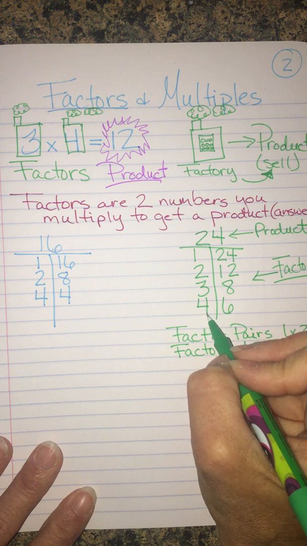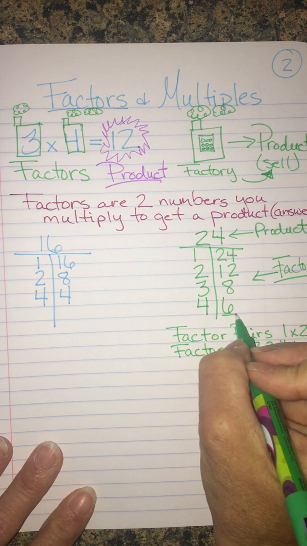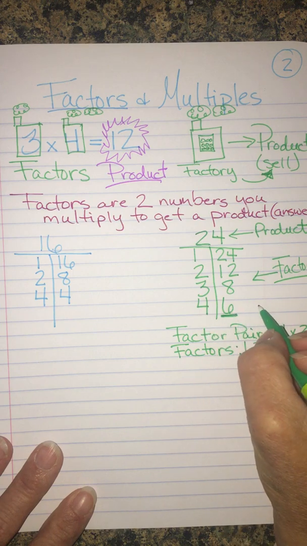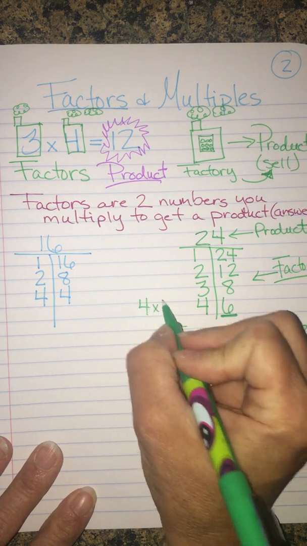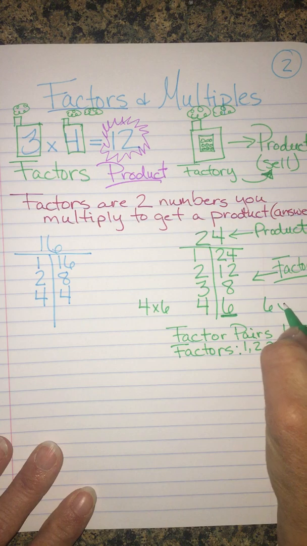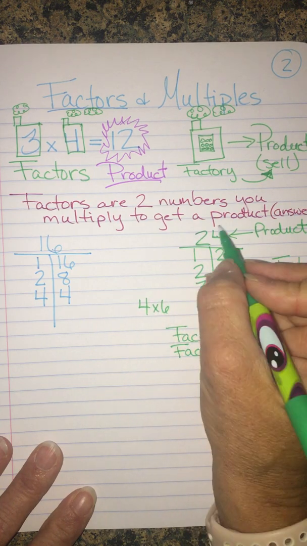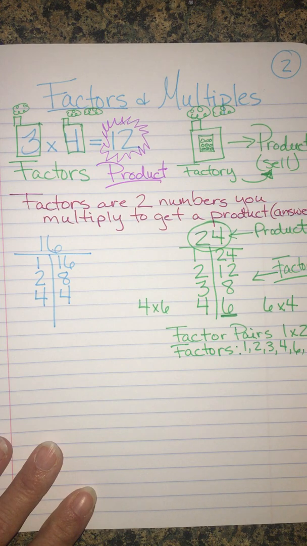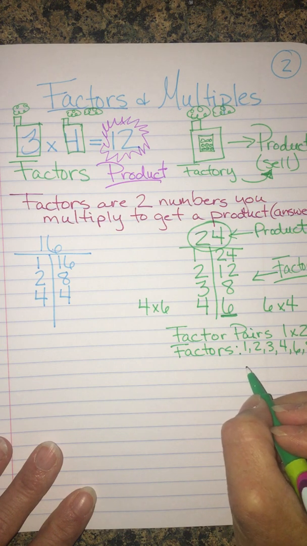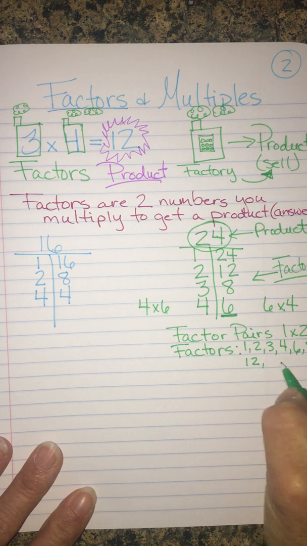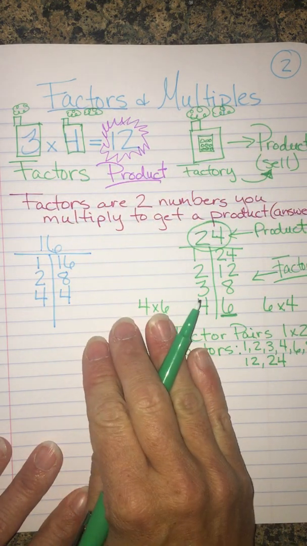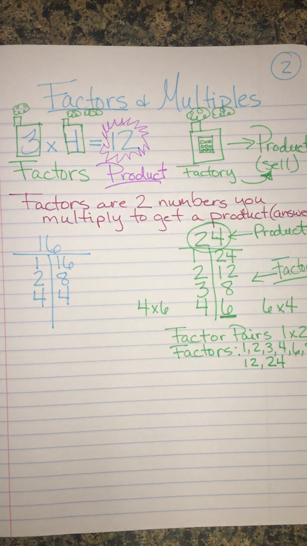And you'll notice I don't go past 6 on this column because 6 is here. And because of the commutative property, I can say 4 times 6, or I can say 6 times 4. It doesn't matter. It's still going to give you that product of 24. So I've got 6, 8. I'm going to come down to another line, 12, and 24. So those are factors. That's something you're going to need to know for the work you're doing today.